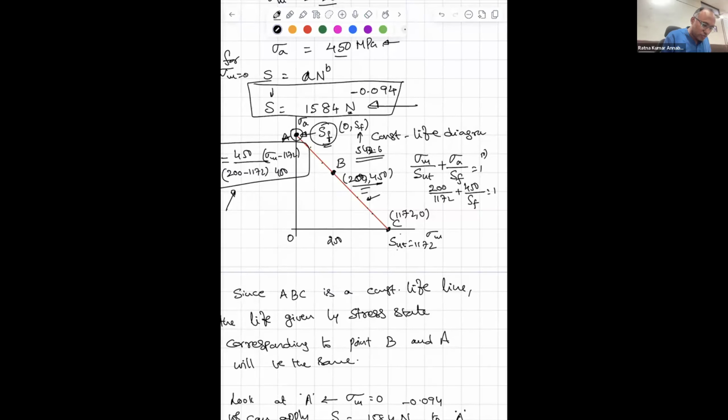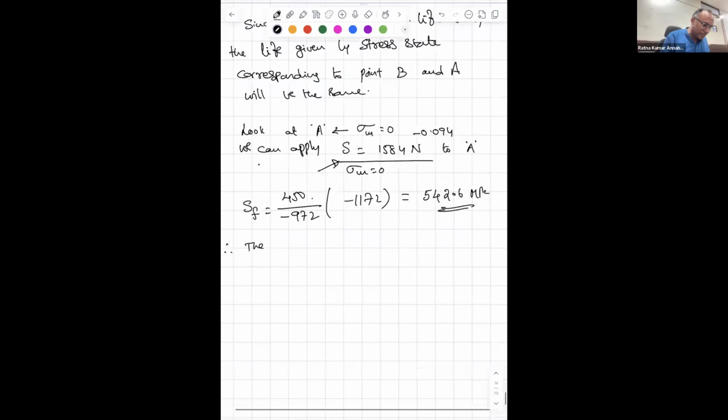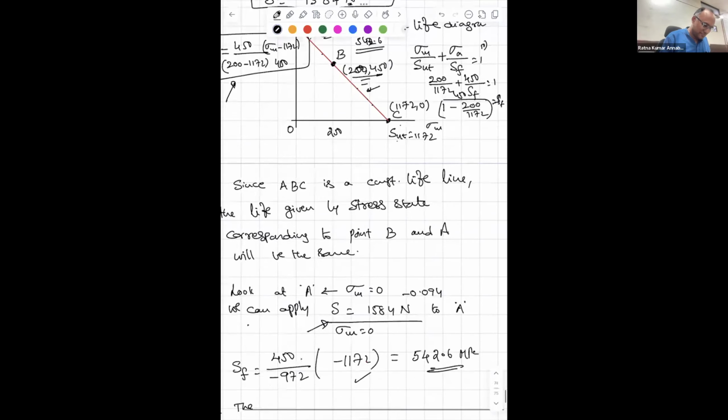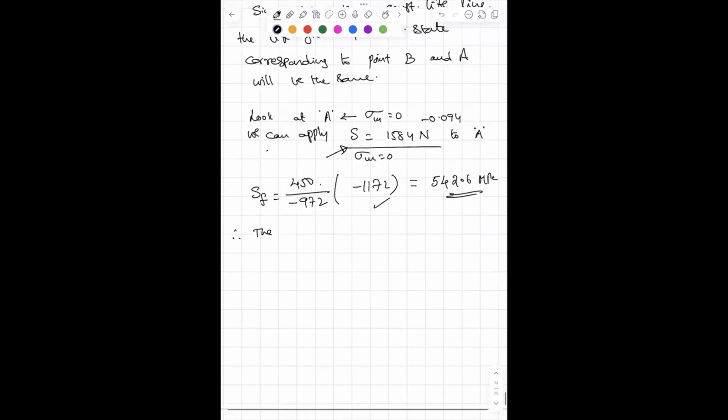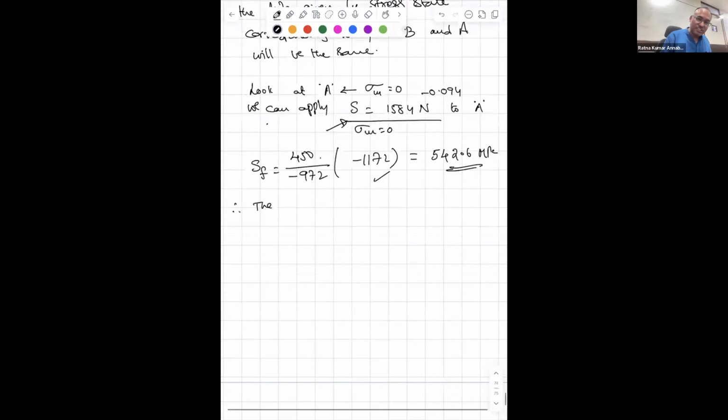Yes, sir. So what will that be? 1 minus 200 by 1172 equals 450 by SF, that will be my SF, isn't it? Yes, sir, that is exactly what it will be. We got the same number. You can do that or this, both of them are the same.